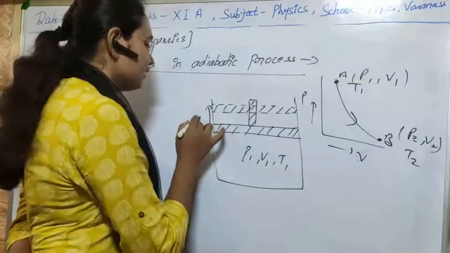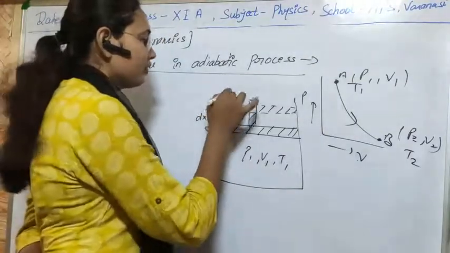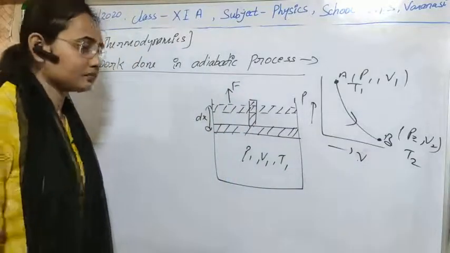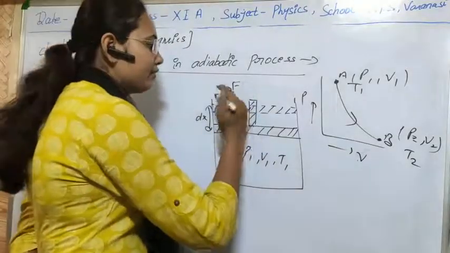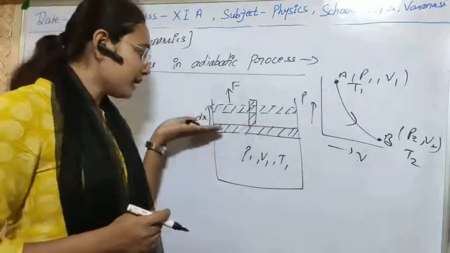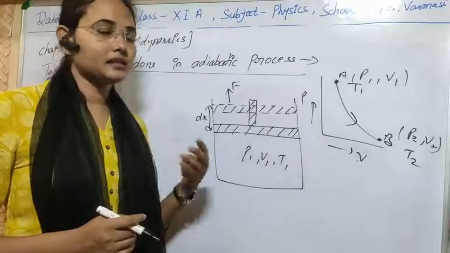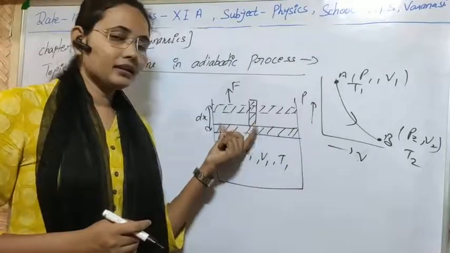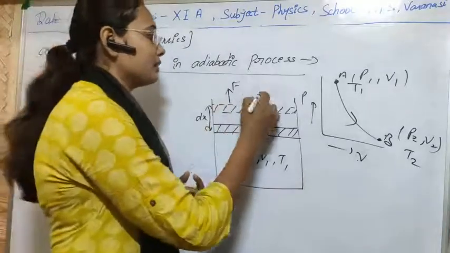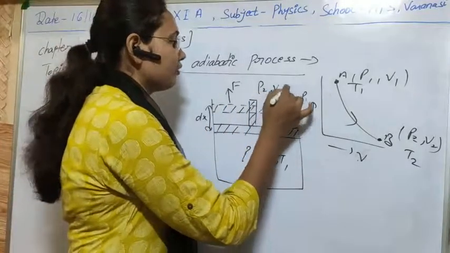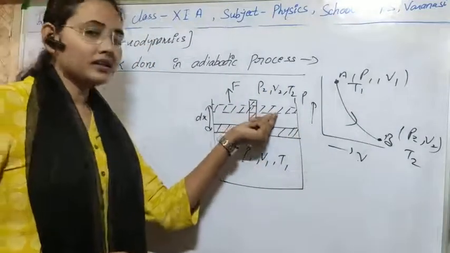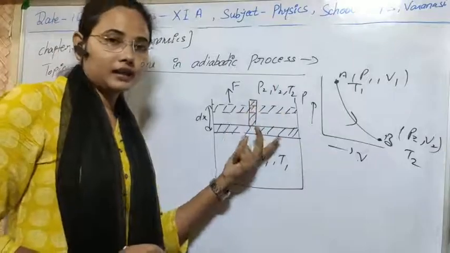Suppose this displacement is dx, and obviously to displace it we apply some work. So when we do some work on the piston to displace it through a distance dx, the gas is allowed to expand adiabatically. Suppose the final pressure, volume and temperature are P2, V2 and T2. Then what will be the work done in this process?